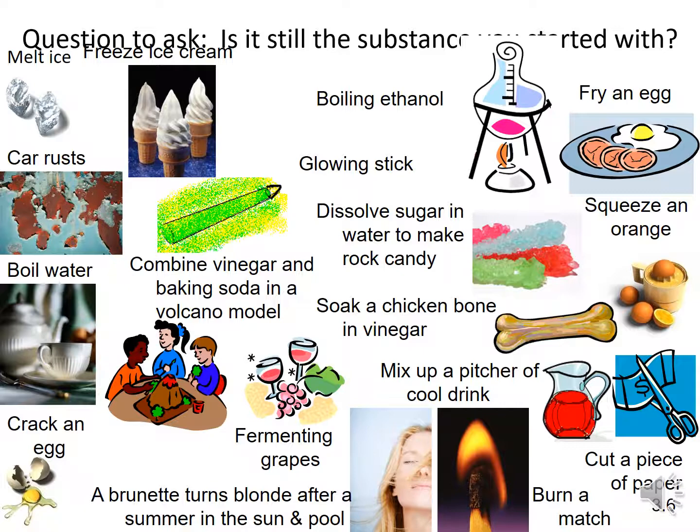It's a chemical change. If I boil water, that's a physical change because even the steam is still H2O. If I crack open an egg, that's not a chemical change. The egg parts are still made of the same chemicals they were before you broke the egg.